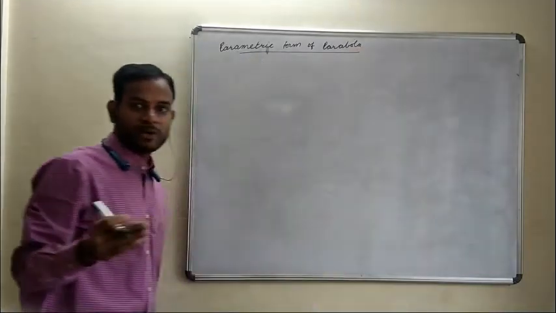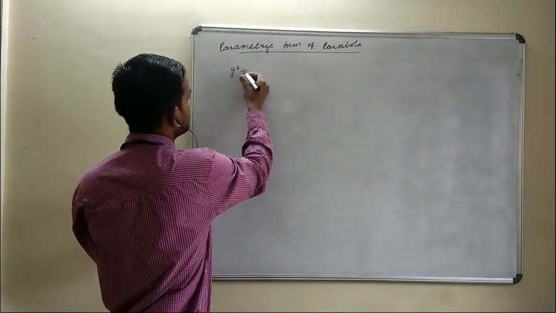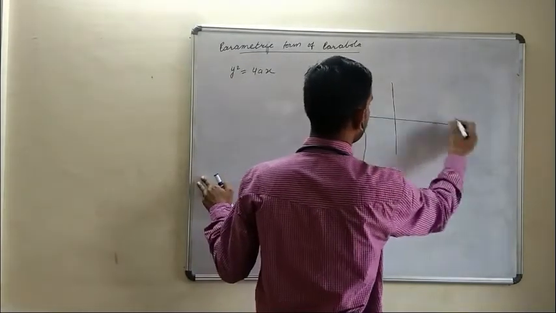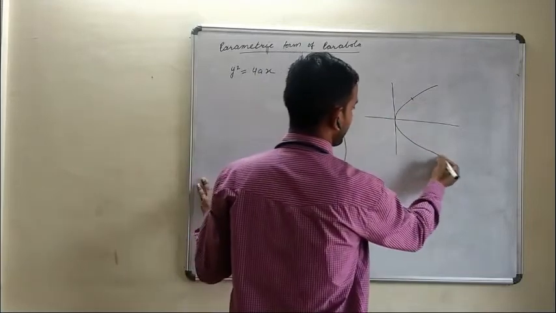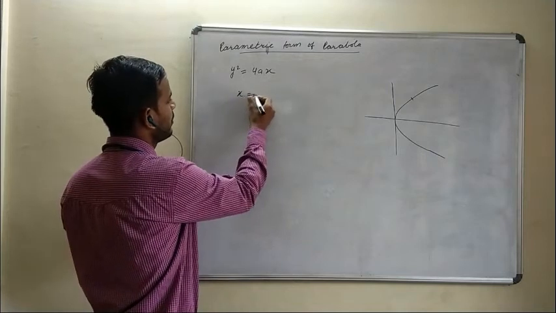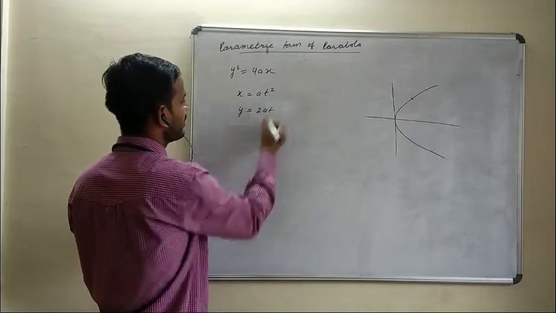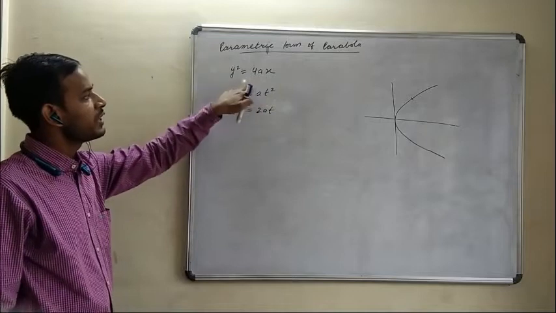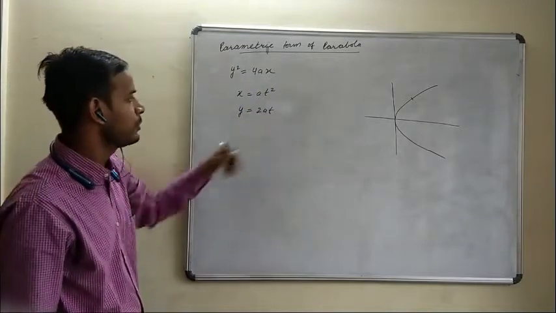So we are going to derive each and everything as per our standard parabola, which is y square equal to 4ax. Its parametric form can be given as x is equal to at square and y is equal to 2at. You can see that when x is at square, y square will be equal to 4a square t square, and then y will be equal to 2at.